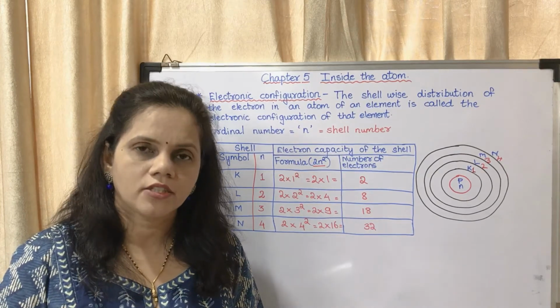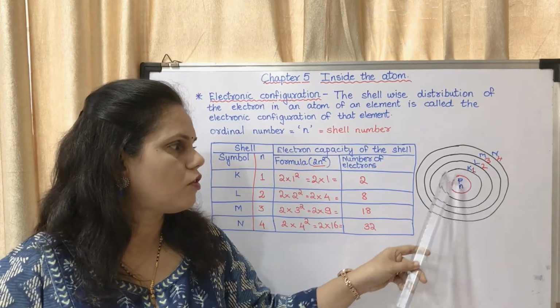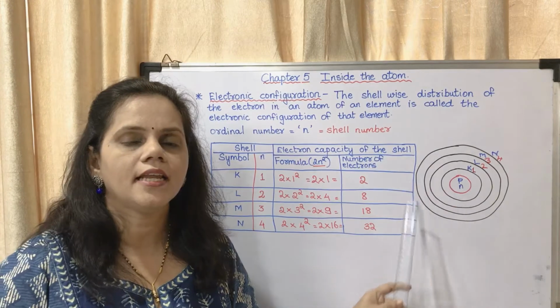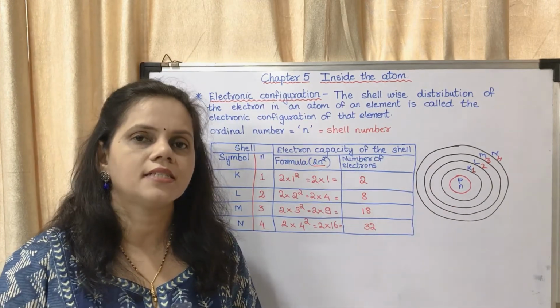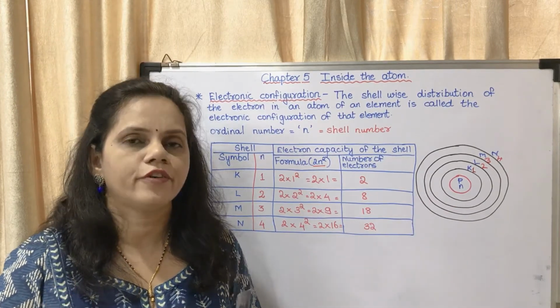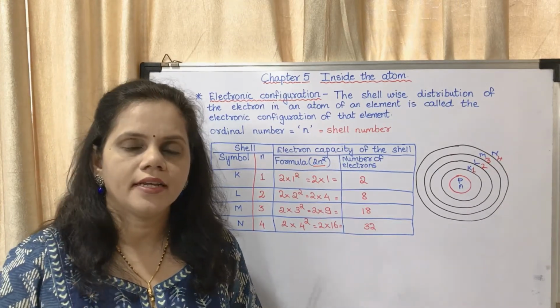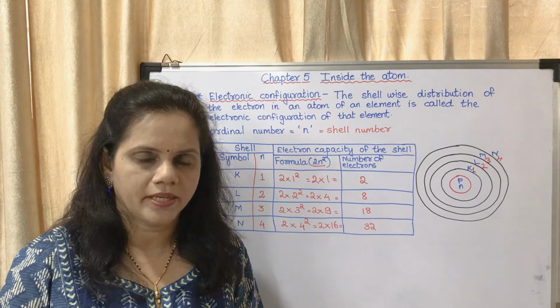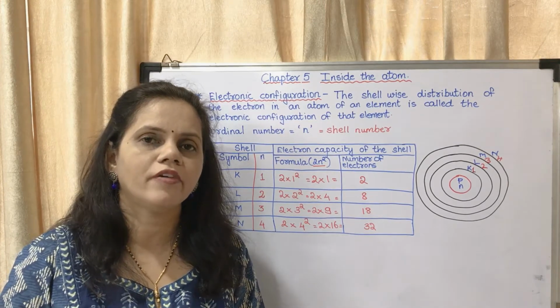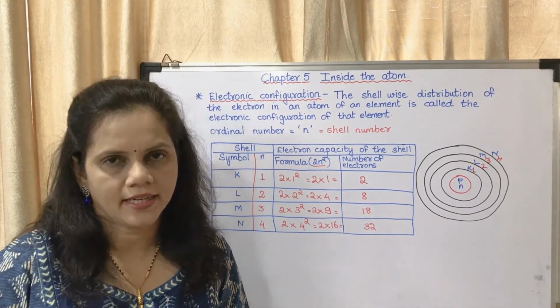And what do the electrons do? Electrons revolve around the nucleus in paths called orbits. There are 4 orbits, K, L, M, N. Not every element has all the 4 orbits. It depends upon the number of electrons which that atom has.